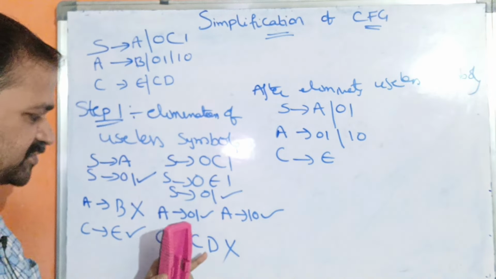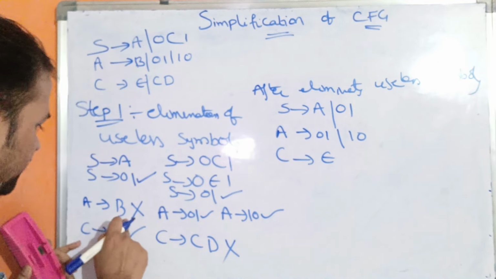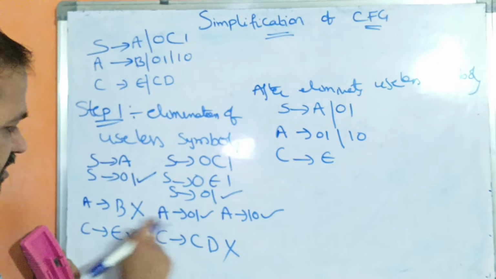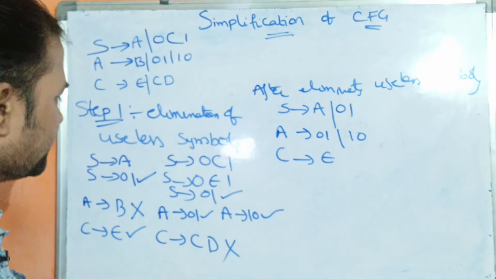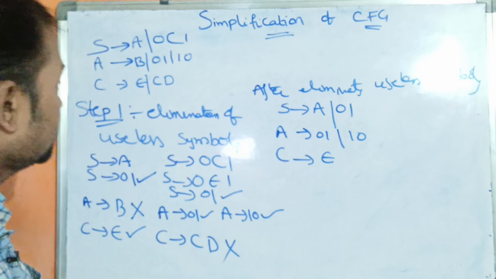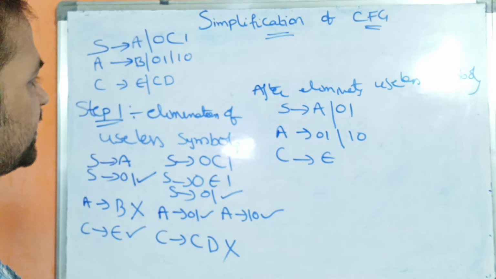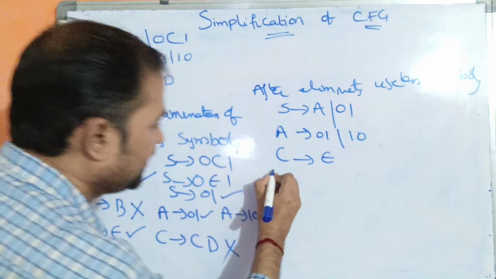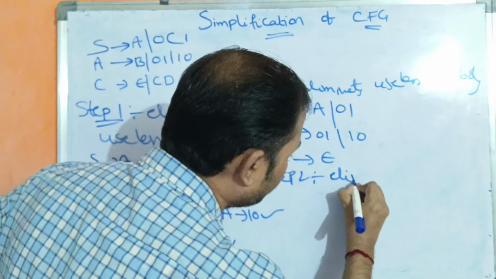Next, C implies CD. This is a useless symbol, so we have eliminated these two productions because they are useless. Next we have written the remaining useful productions: A implies 01, 10, C implies epsilon. Next, step 2. Step 2 is elimination of epsilon production.